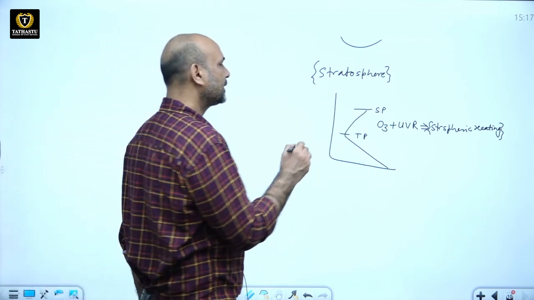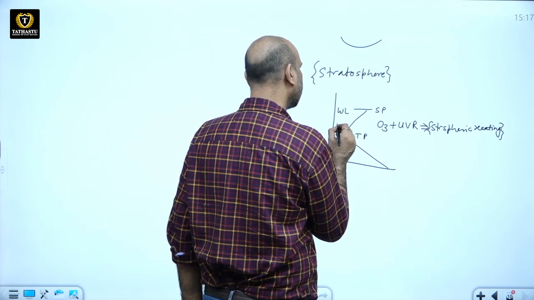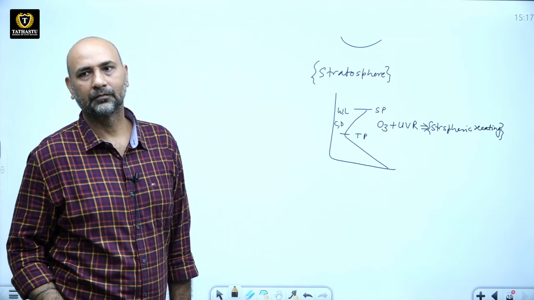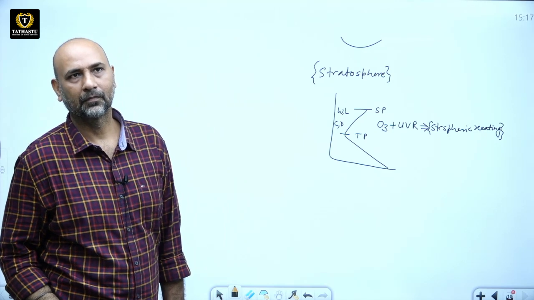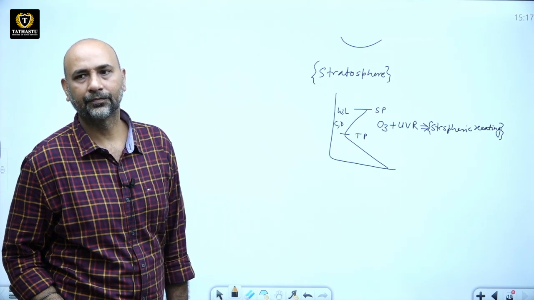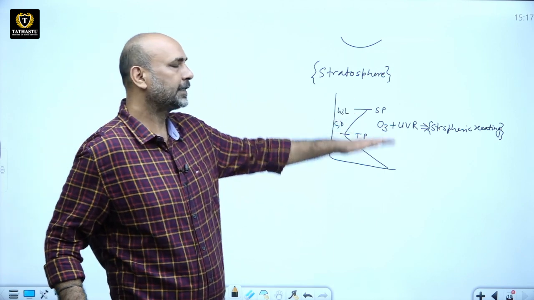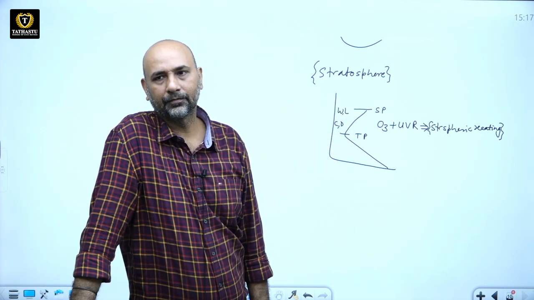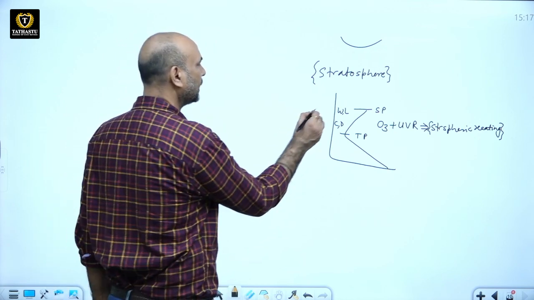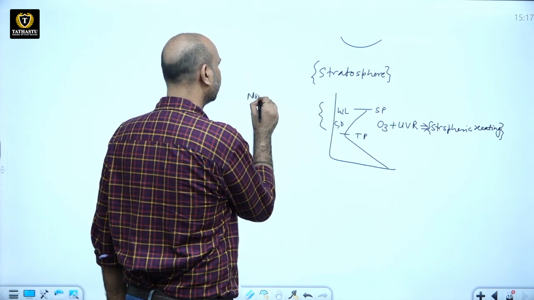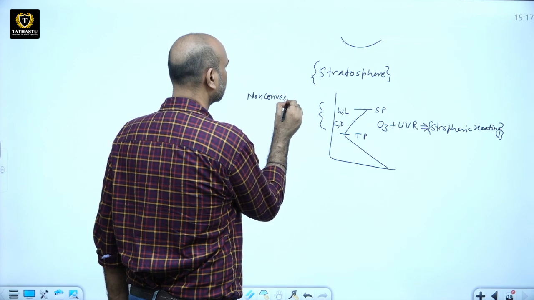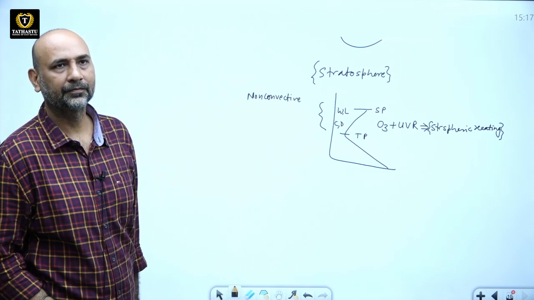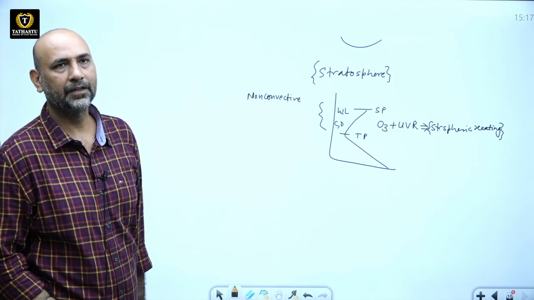So in stratosphere, warm and lighter air is above cold and denser air. Because temperature is increasing, warm and lighter air is above cold and denser air. So remember that it is going to be non-convective. This is contradictory to the troposphere, or not? Troposphere is convective in nature.